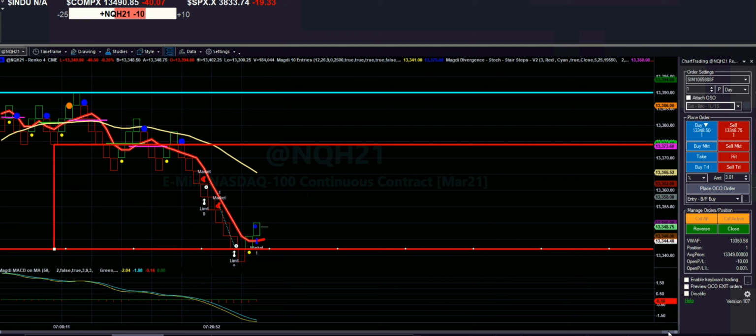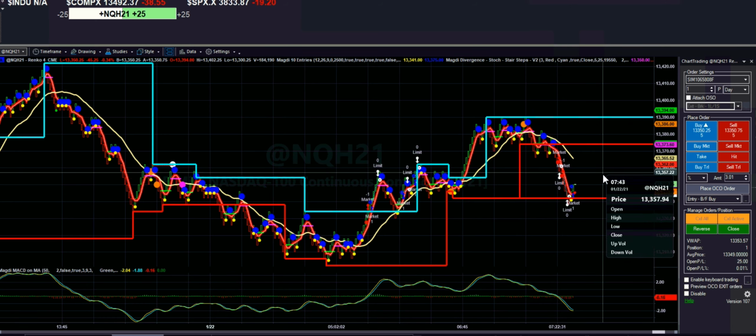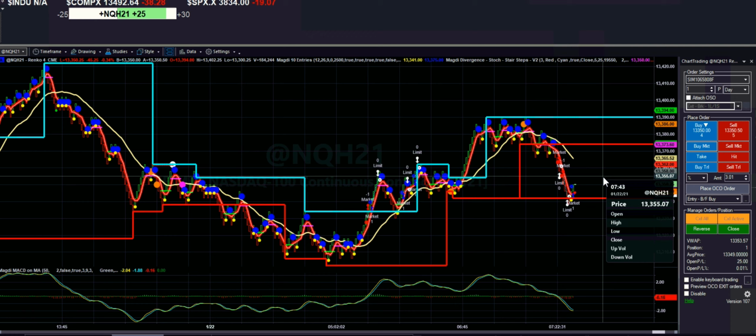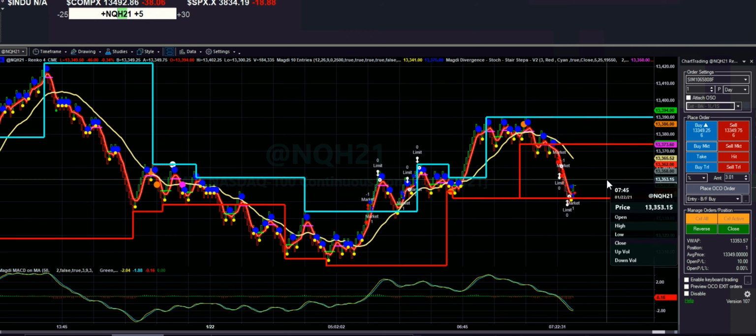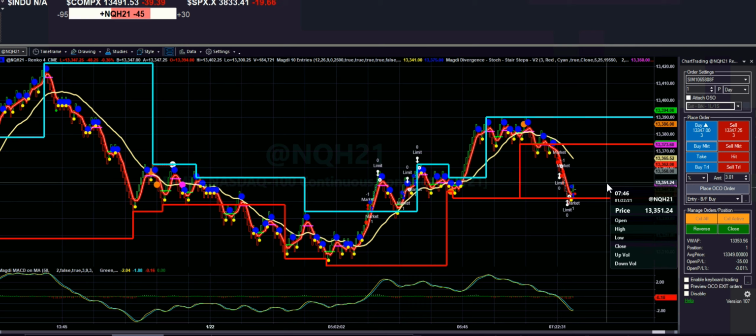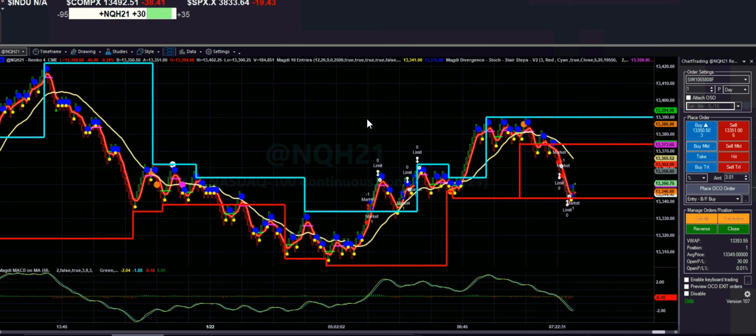Looks good to me. And let's go next support resistance. So we'll put our order. It's going to go at least to this number here, maybe this one. Let's take the first support resistance, which is right here, 13,353.